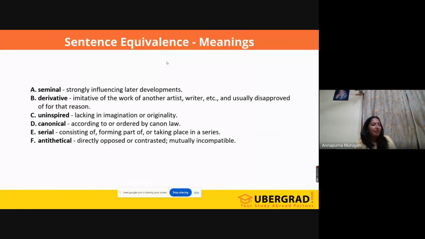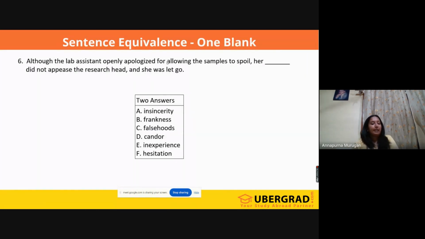Isn't it the same thing? It is something important, isn't it? That's it, guys. Just a good thought process will help you get all the answers correct on sentence completion and text completion. Right? Now, the next one.